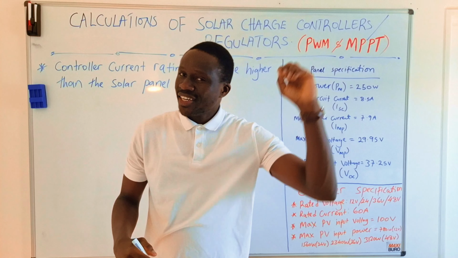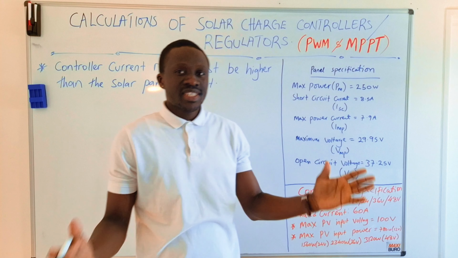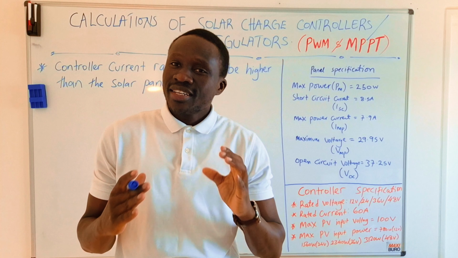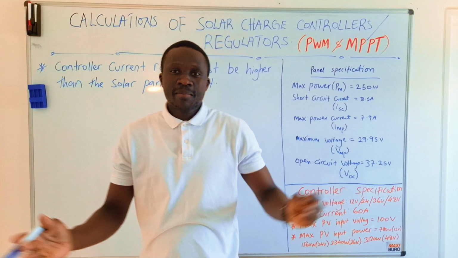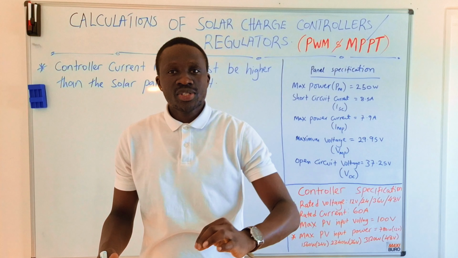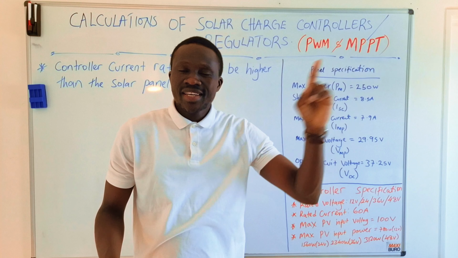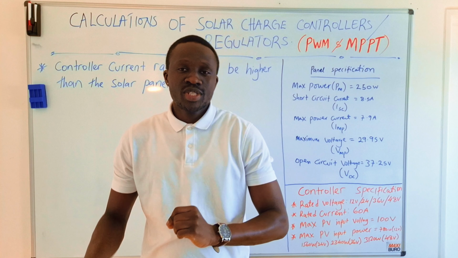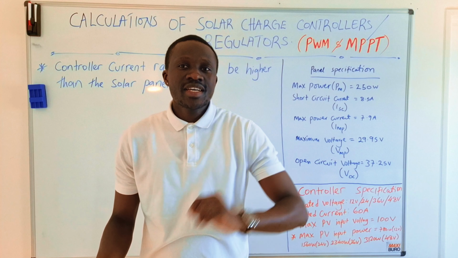Remember, at night, a solar panel doesn't work because there is no sun. And at night, it is only the battery which works. Now a charge controller blocks the battery voltage from going back to the panel. During the day, the charge controller is helping the battery to charge at its maximum voltage.